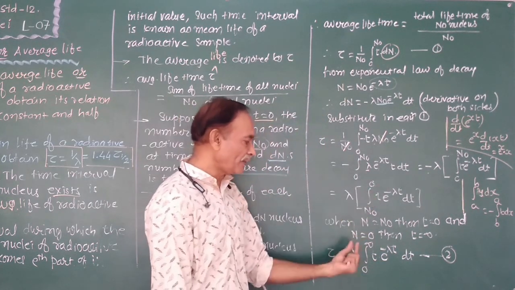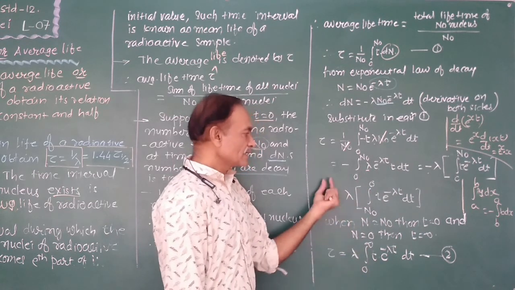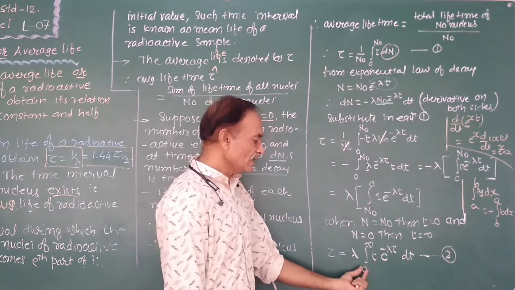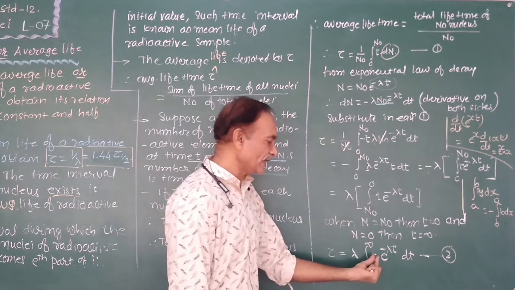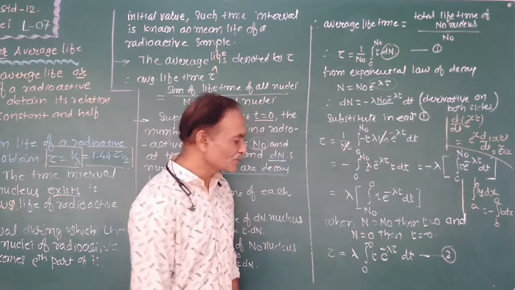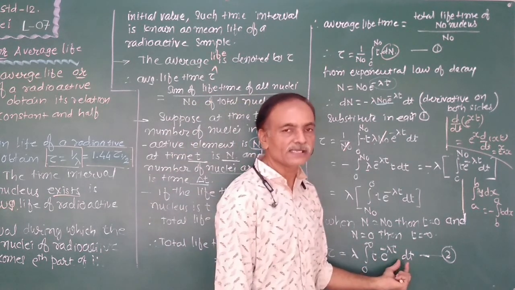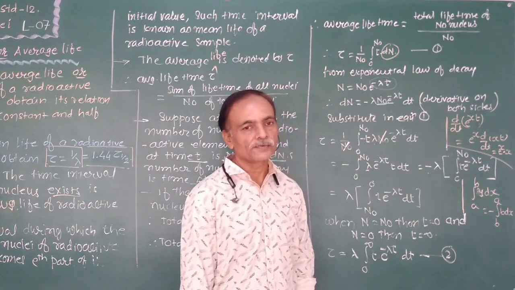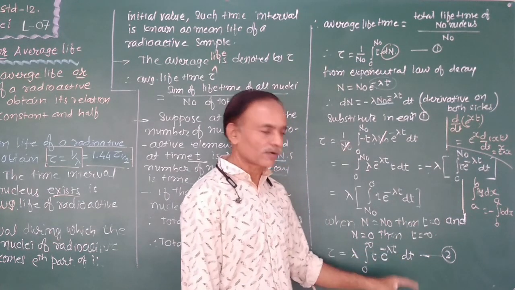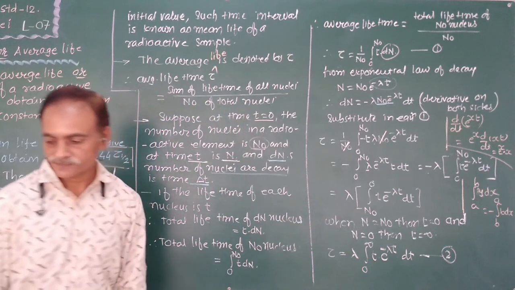Therefore, tau is equal to lambda integration from 0 to infinity t into e^(-lambda t) into dt. That is equation 2. Clear? Okay. Now we take the integration.